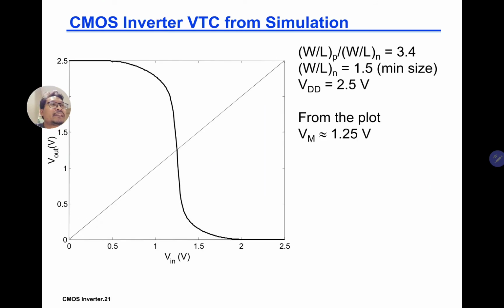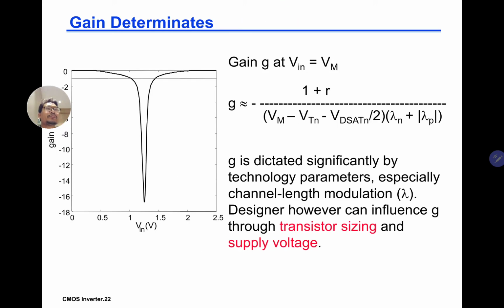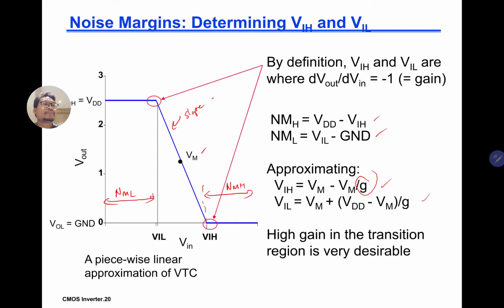This one is just a plot showing the VTC from simulation. G is given by this equation. If you notice here, G is actually negative, and that's why VIH is VM minus VM over G.